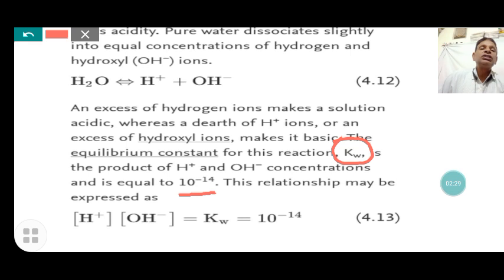The relationship may be expressed with the hydrogen ion kept in square brackets and the hydroxide ion kept in square brackets, which stand for the concentration of hydrogen ion and concentration of hydroxide ion. The product of the concentrations of hydrogen ion and hydroxide ion gives the value 10 to the power minus 14, and it is called the ionic product of water or equilibrium constant of water.